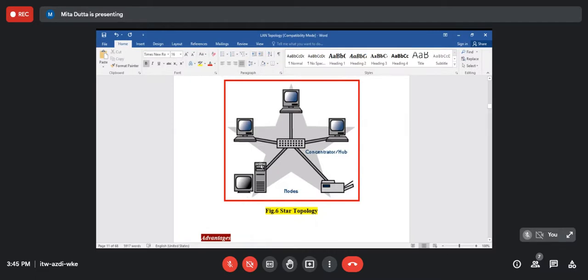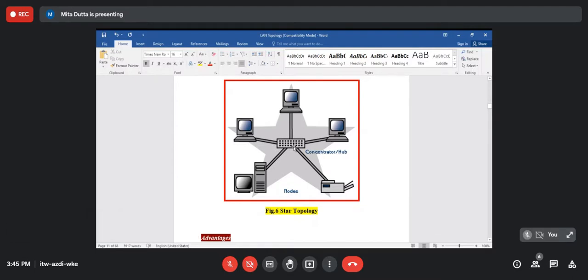Say, to join the file server to the concentrator or hub, we need two cables, one for transmission and another for reception. Similarly, for the workstations and printers also, we need two cables, one for transmission and another for reception for each workstation, printer, and server.